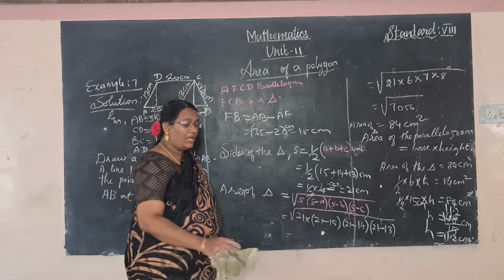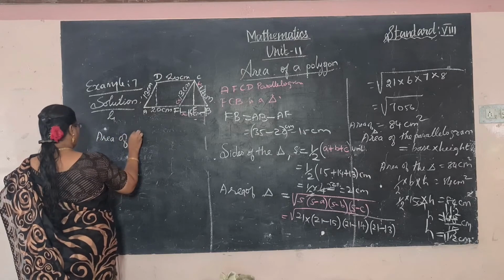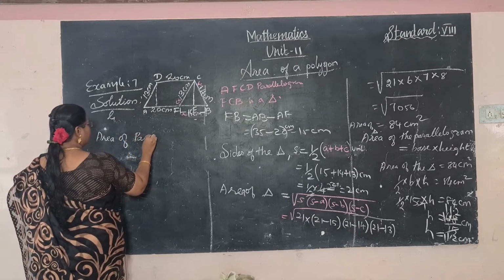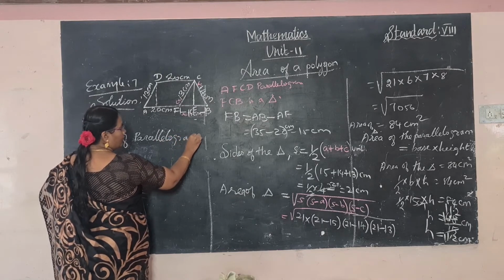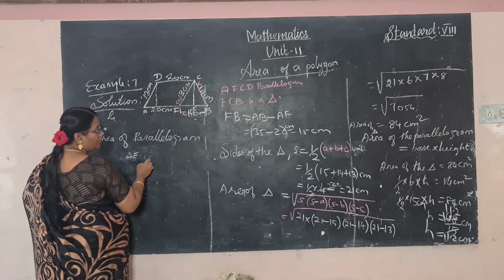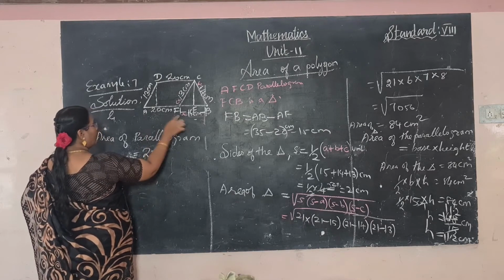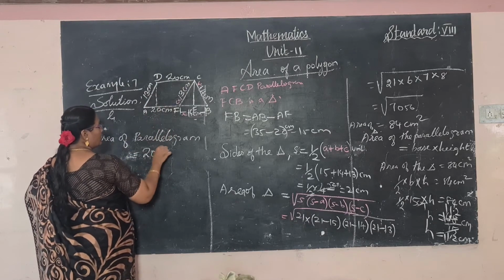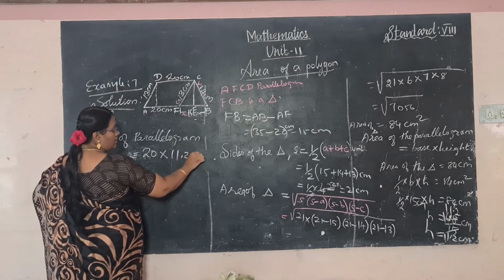Area of the parallelogram is equal to the base value, which was 20. The parallelogram base value was 20. Height we have calculated as 11.2 centimeter.